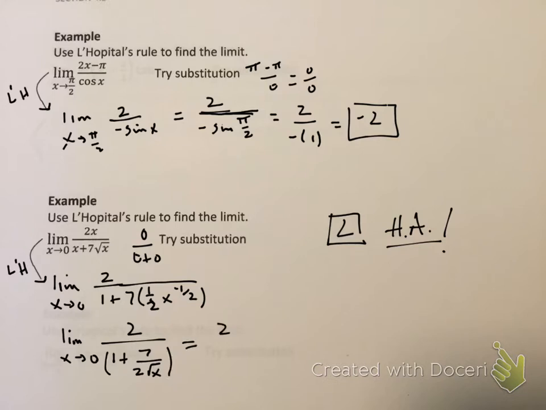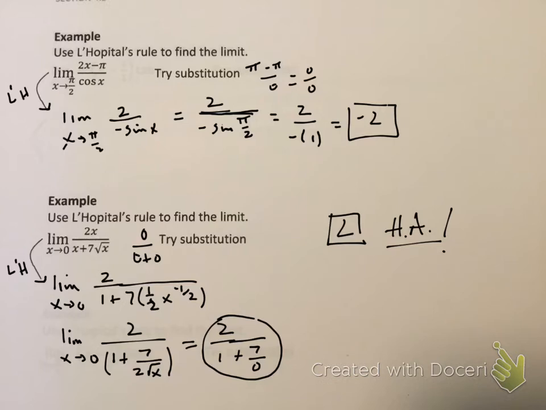And that's going to work out to be 2 over 1 plus 7 over 0. And let's see. I can't do that. I got to do something else. I got to multiply this expression to get rid of the complex fraction. So let's see, what should I do to get rid of the complex fraction?